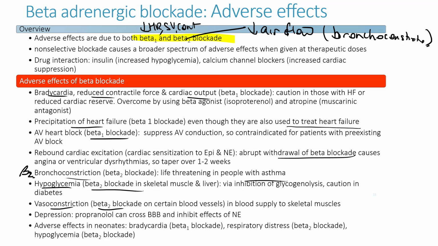Some beta blockers can cross the blood-brain barrier, and propranolol then blocks norepinephrine receptors in the central nervous system and can cause depression. And then specifically in neonates and newborns, it can cause decreased heart rate, respiratory distress, and hypoglycemia. It's even more important to watch for in newborns.